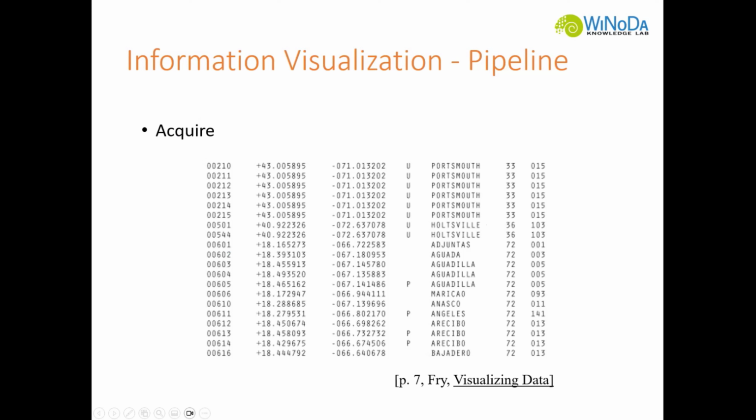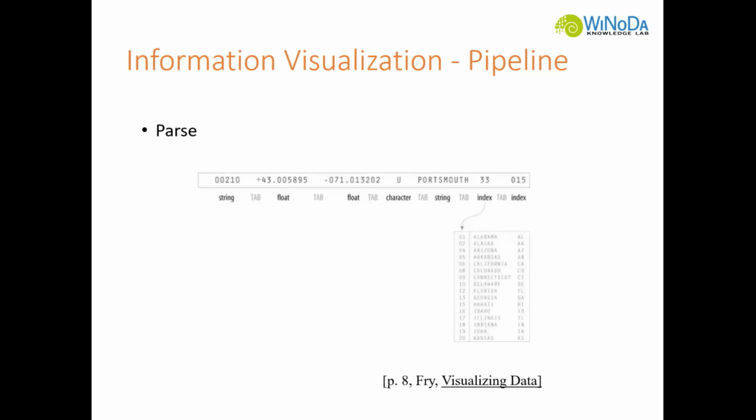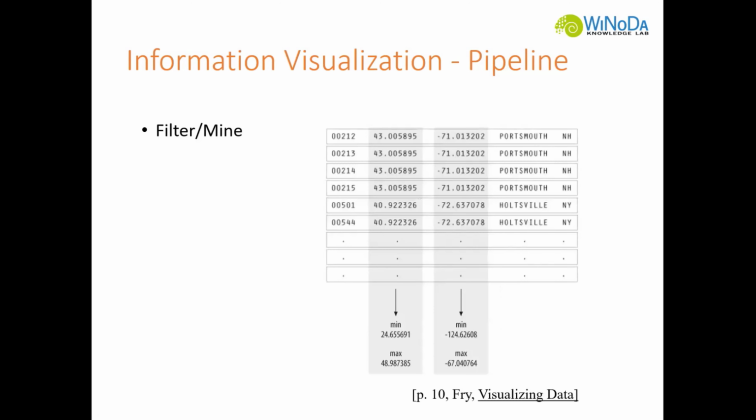The idea of this data set is to visualize somehow where all the zip codes are in the US. So you acquire it first, then you can parse it. There will be then some indexing to understand because it's directly connected to the states, but you need to understand that this column here in my data actually is connected to some other index, some other table that gives me the state of this particular row here. So that's the understanding of the data and parsing of the data.